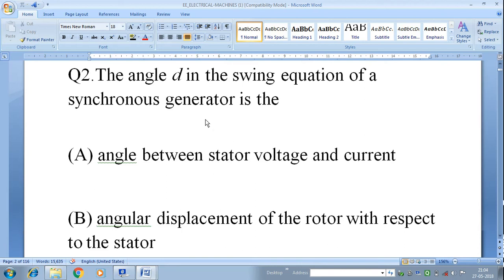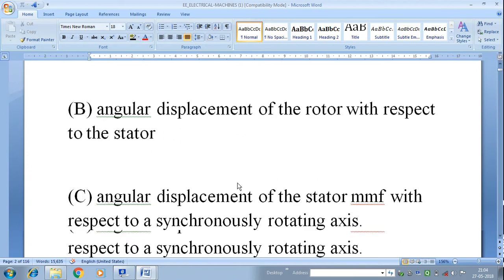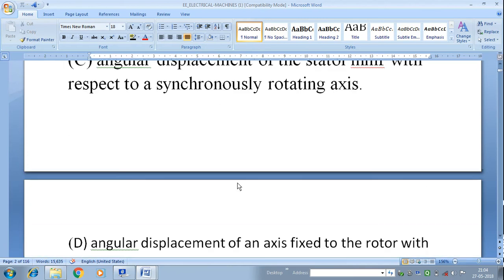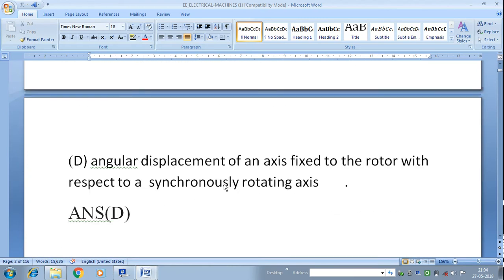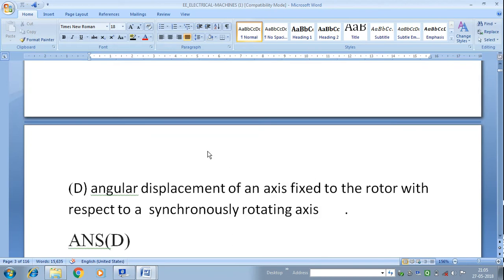So let us see what is called angle delta and what is the swing equation. Already we know what swing means.